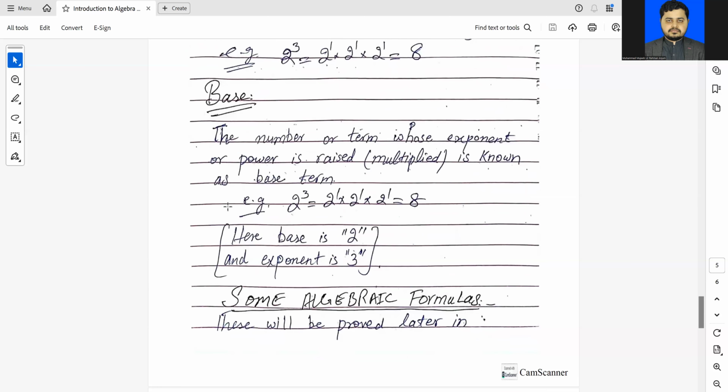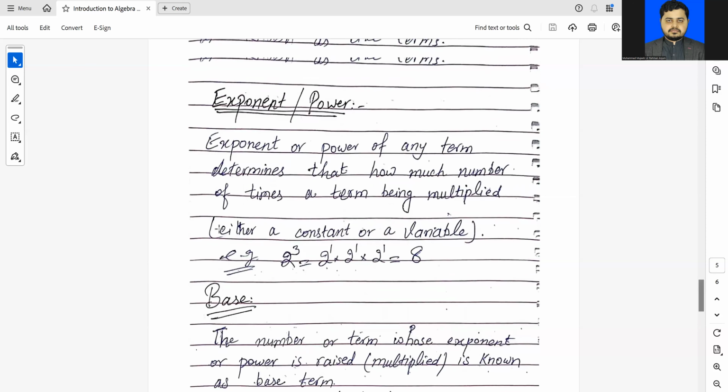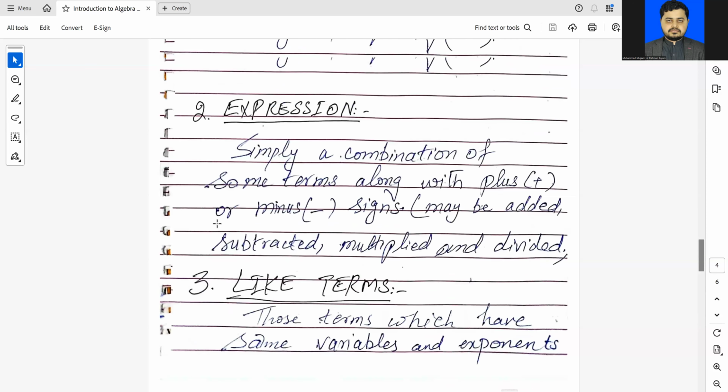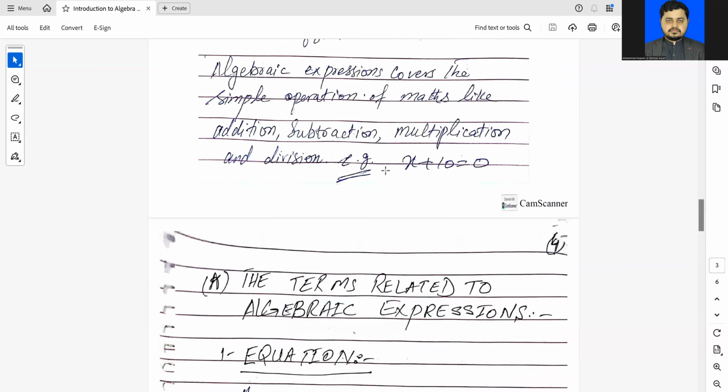Now, this is an additional point I am discussing with you, that is the concept of degree. We have a linear equation, which we discussed above. This is x plus 10 equals 0. Here we can see that the highest power of the variable is 1 and the least power is also 1, right? So in this case, the highest power, which means degree, of this linear equation is 1.